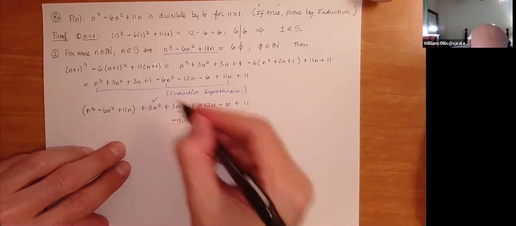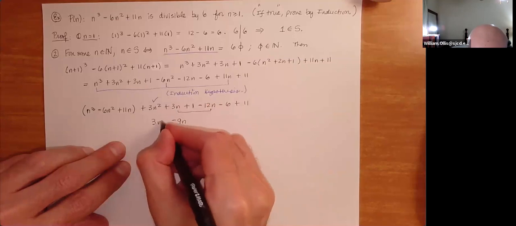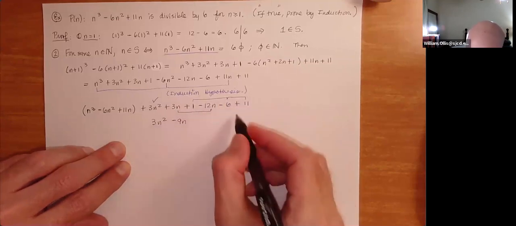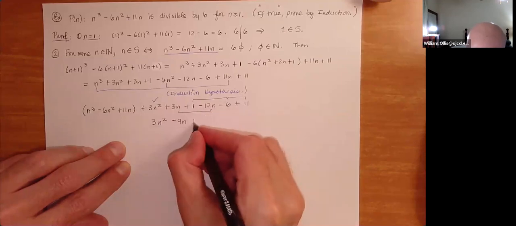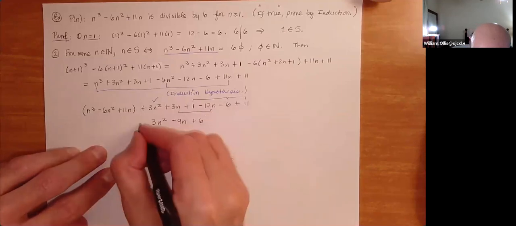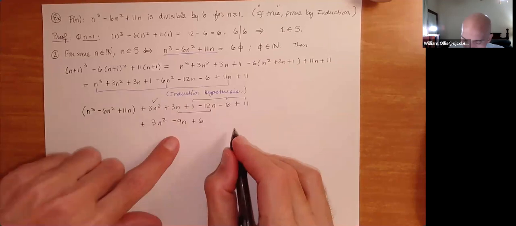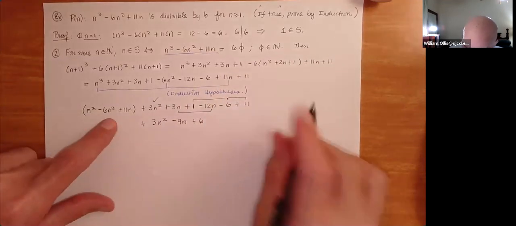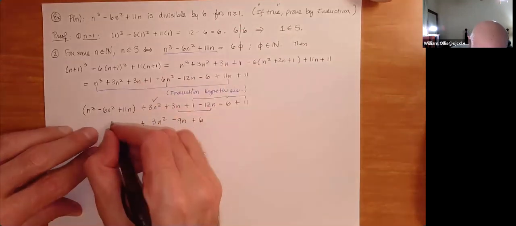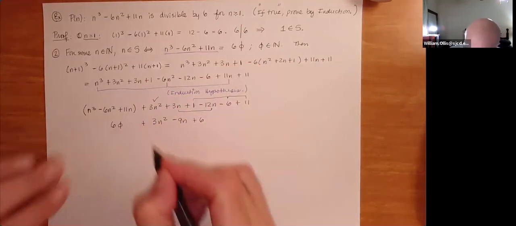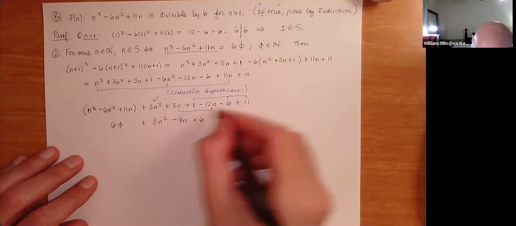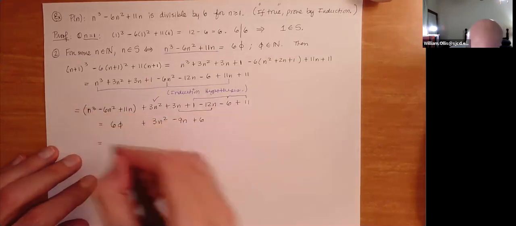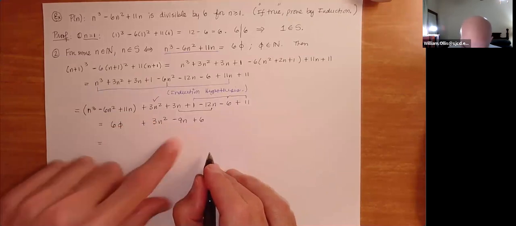We only have one of the n squareds. And then here, not surprisingly, we have a 12 minus 6, which is a plus 6. So that's just collecting the extra terms. Very easy algebra, but very important algebra. And then, of course, this is 6 times 5. So here we have equals, and now, of course, we can factor a 3 out of these terms.